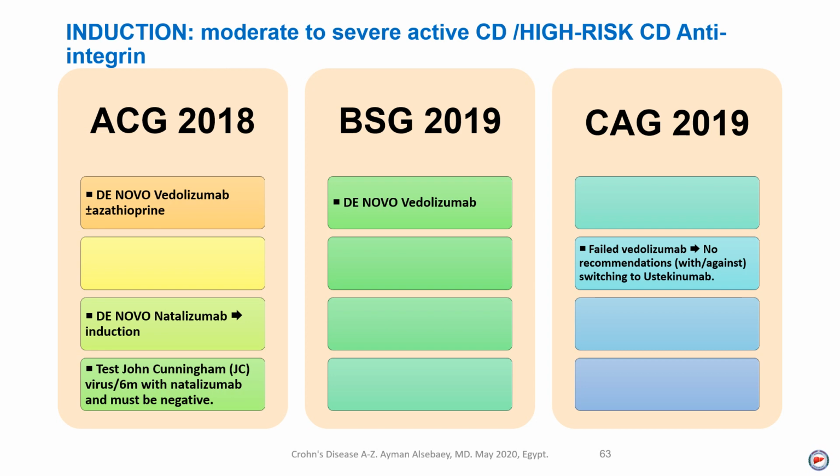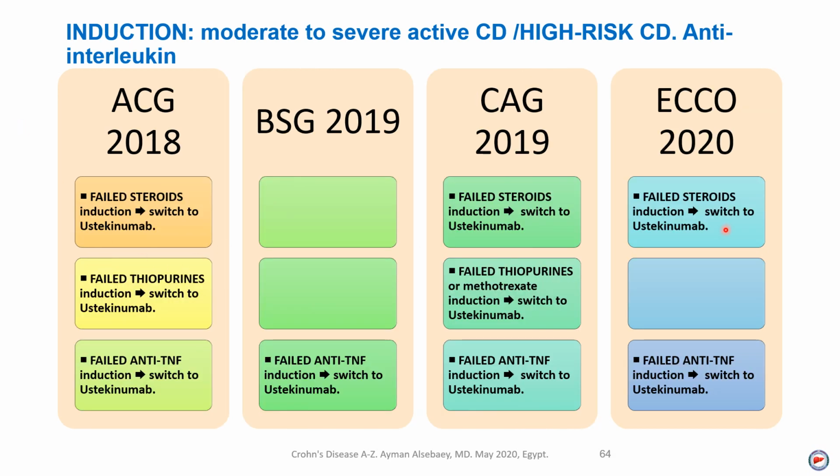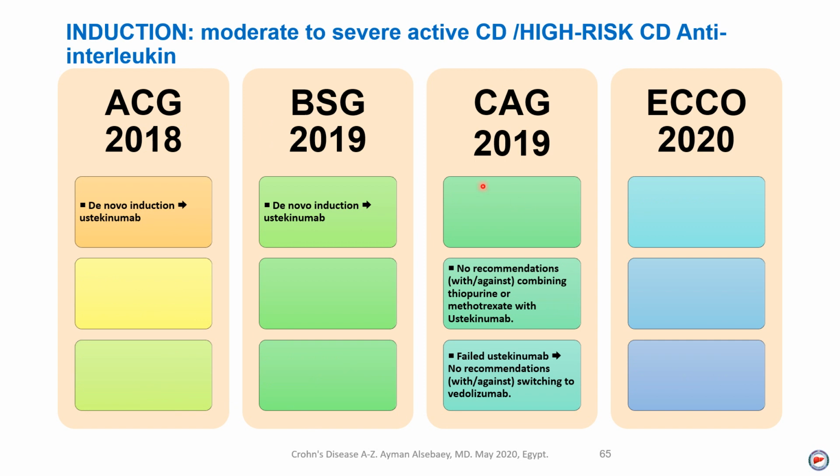The same with ustekinumab: failed steroid, failed anti-TNF, failed thiopurines, we can shift the patient to ustekinumab, and we can use it from the start, especially in high risk group. Okay. Should we combine it with immunomodulator? Till now there is debate, so there is no obvious recommendation with or against in the ECCO.